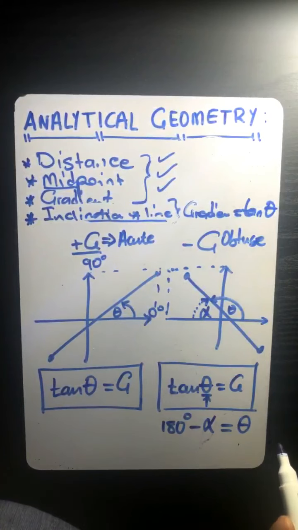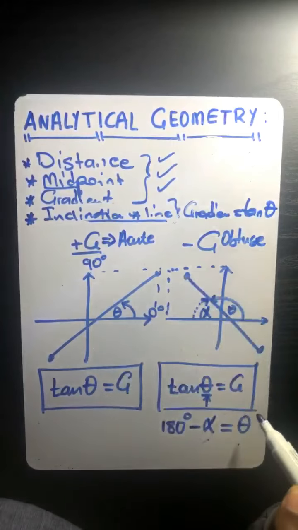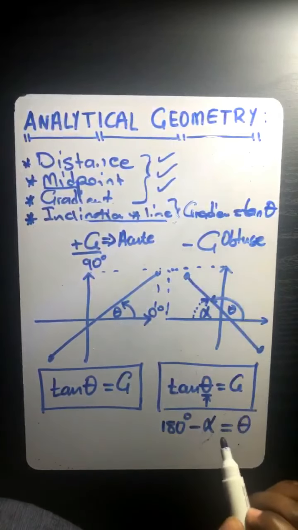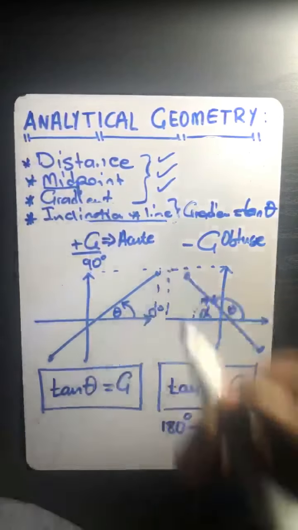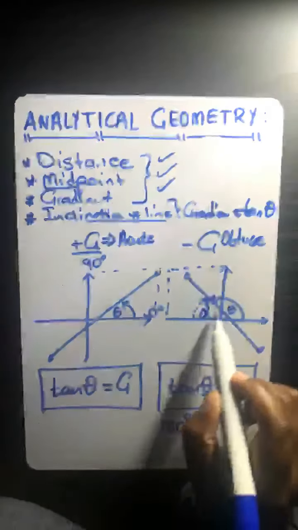So what I'm saying, ladies and gentlemen, is that when you have a line in that direction and you use this formula, you might get a negative gradient. And of course, we said for these lines we have a negative gradient. But the angle of inclination is not that one.